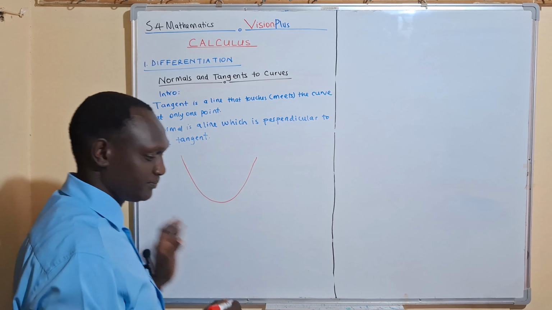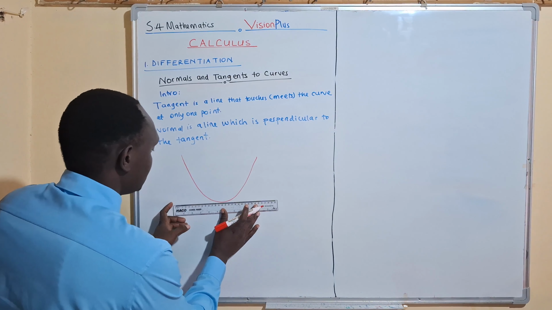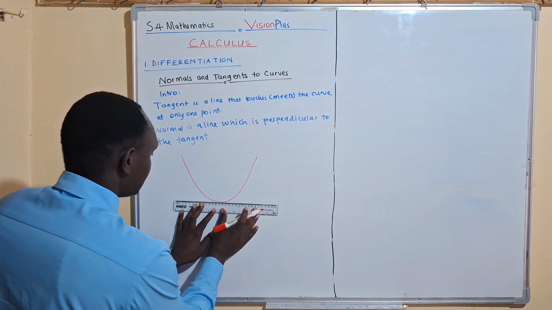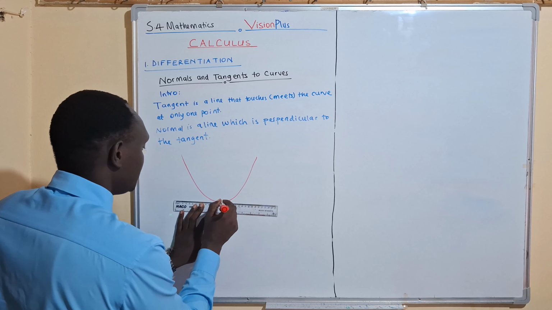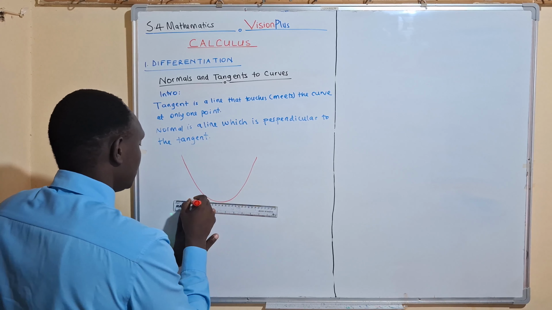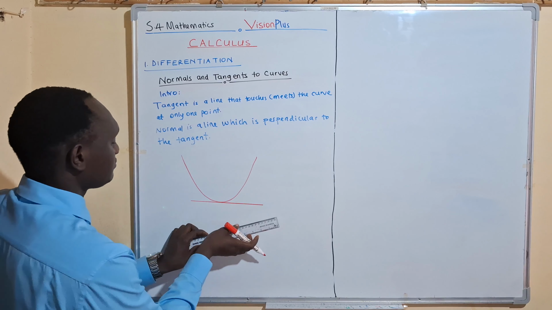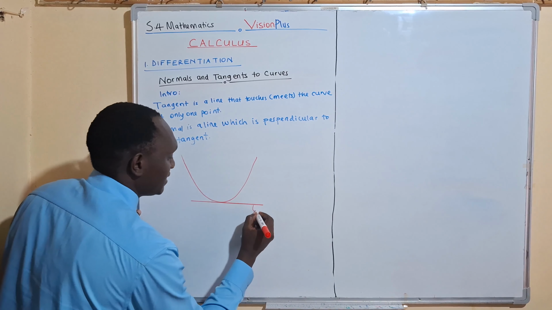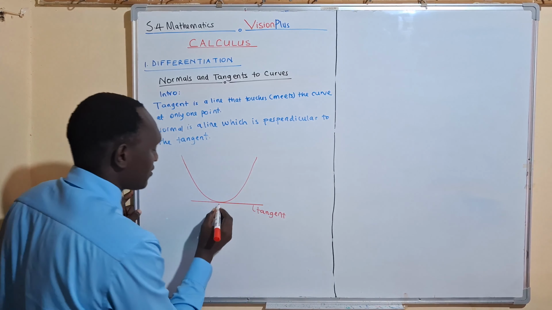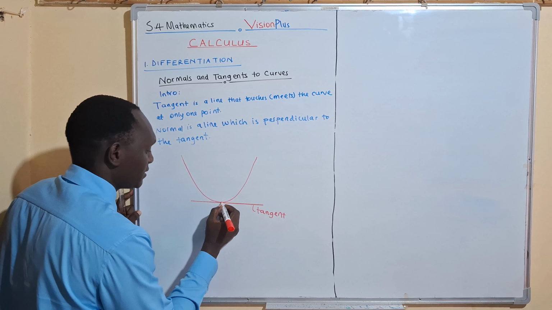So, assuming that the tangent touches the curve at a single point, which is down here, this one becomes our tangent, which is touching the curve at one point.